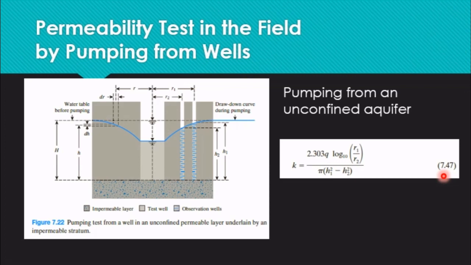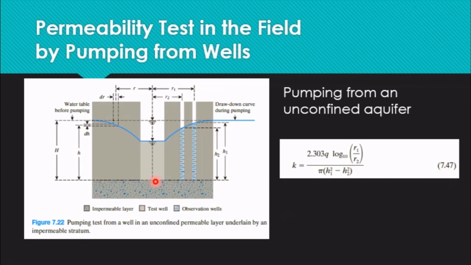Anong gagawin mo ngayon? Ipapump out mo yung water para makapag-construct ka ng foundation dun sa ilalim ng building mo. So, to determine the coefficient of permeability ng soil na nasa pumping well, yan.